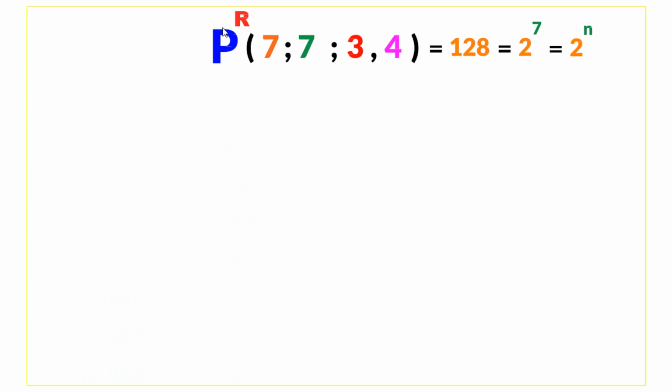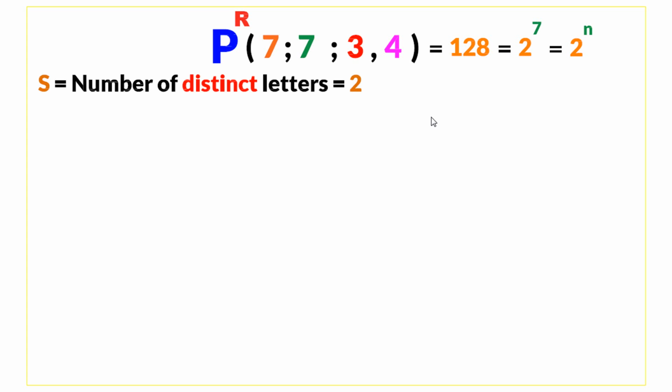So now we have permutation with replacement of 7 objects taken 7 at a time with 3 and 4 identical items, and that is equal to 2 to the power of n, or 2 to the power of 7. So let's define S as the number of distinct letters.